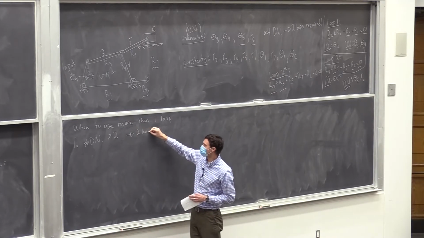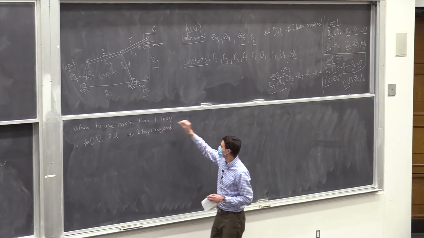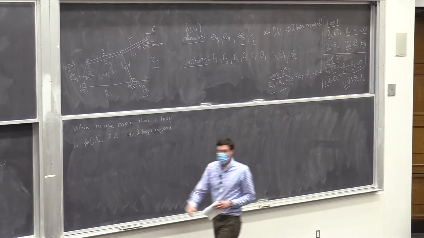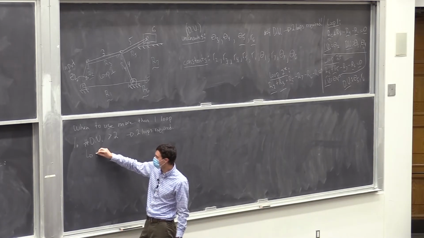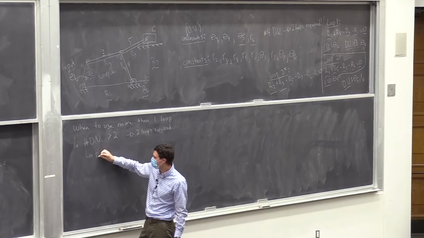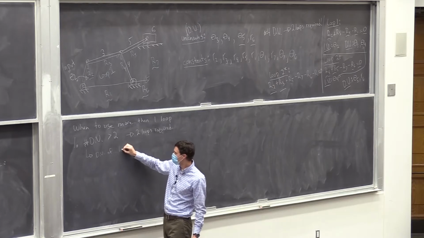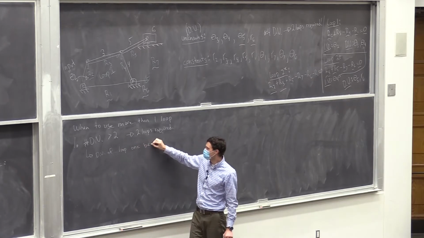That means 2 loops are required. Okay, so you don't have any choice. And in that case, the output of the first loop, the dependent variable of loop 1, becomes your input for loop 2.